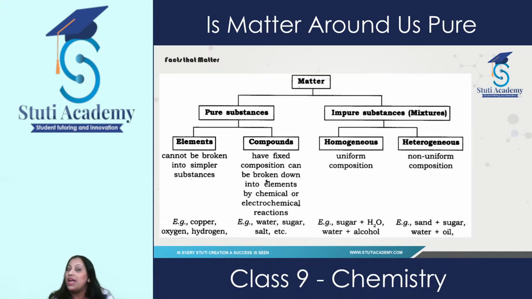And how can we classify them? This I have discussed with you in the previous class: pure substances and impure substances, which we call mixtures also. Pure substances are of two types, elements and compounds. And impure substances, or mixtures, are homogeneous and heterogeneous.